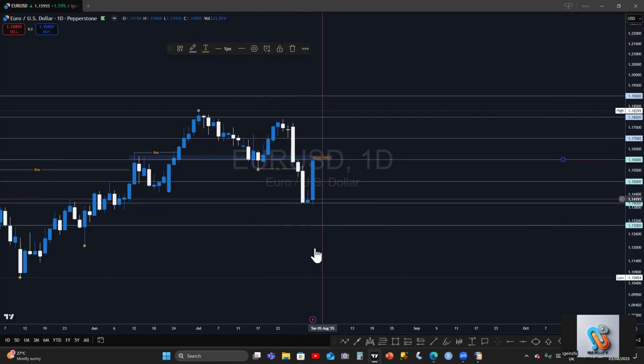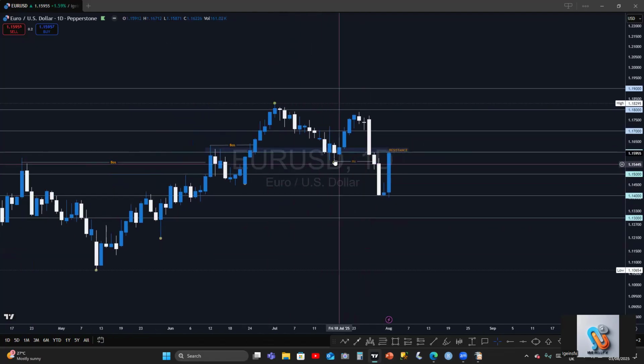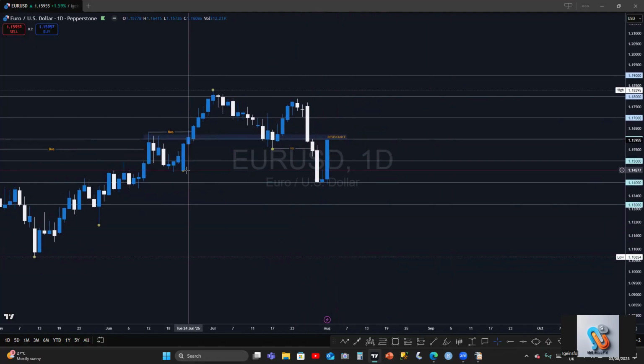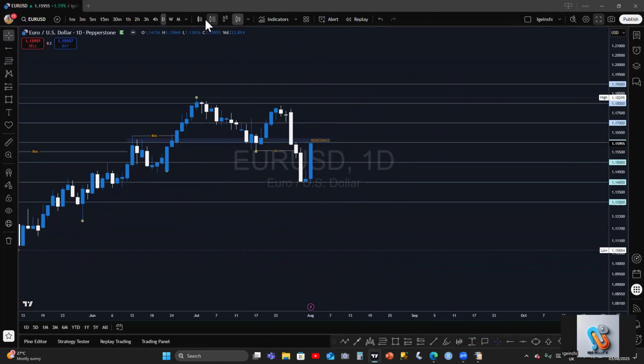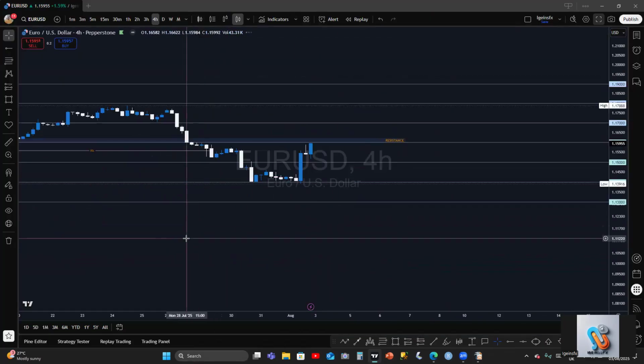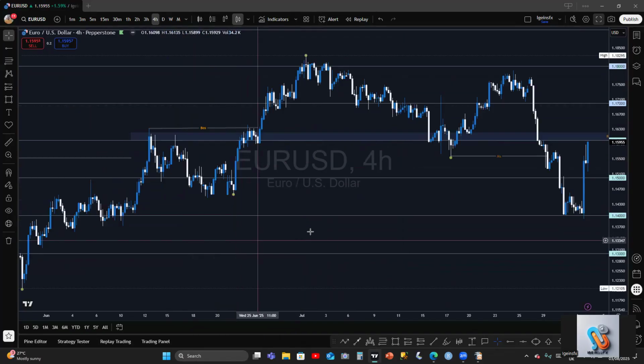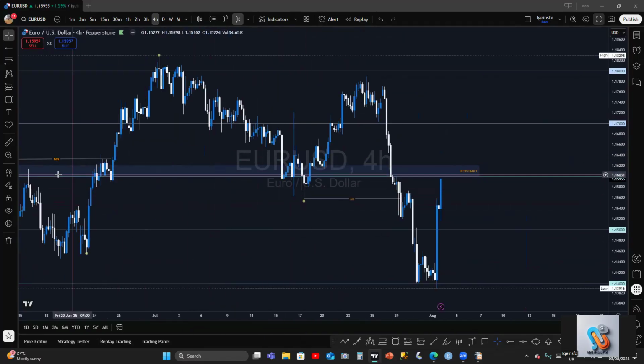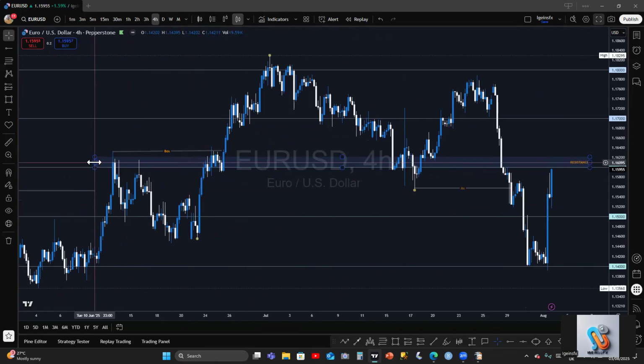So let's see if price action will be able to break above this level, all right? If it breaks above this level, because we have seen price giving us a market shift, what we need to do next is for us to scale down so that we can see it clearly. All right, this is an obvious resistance level.